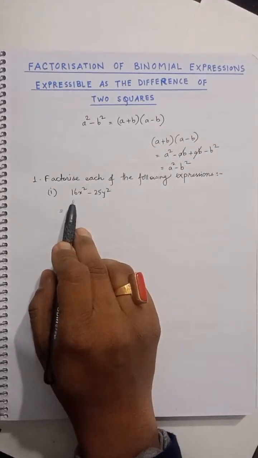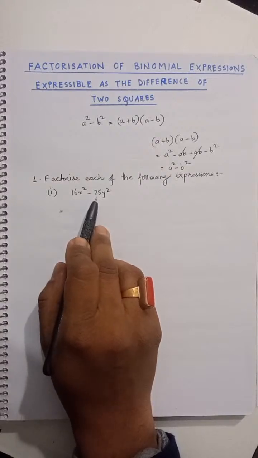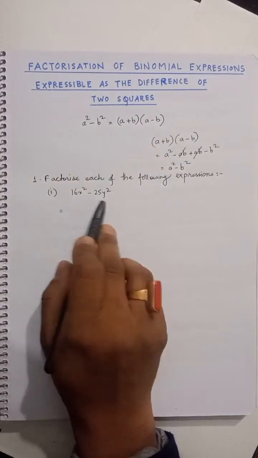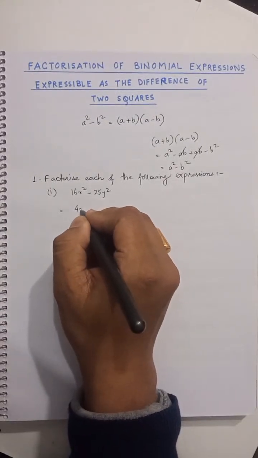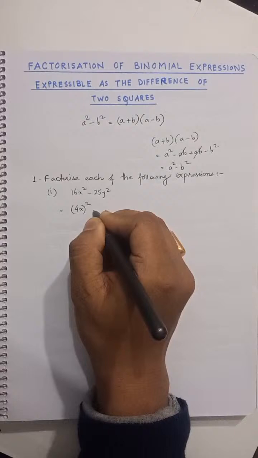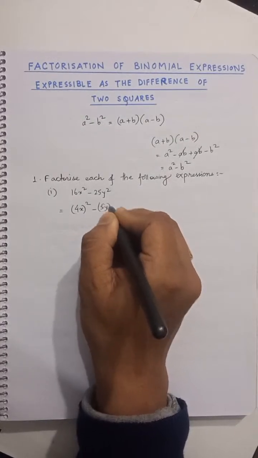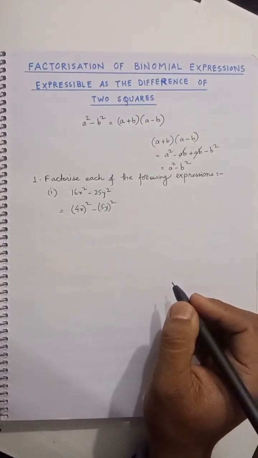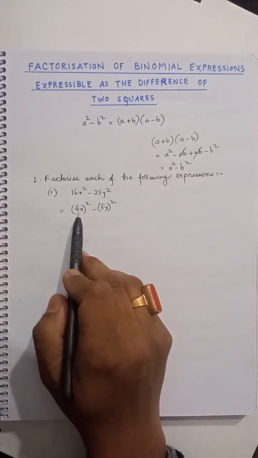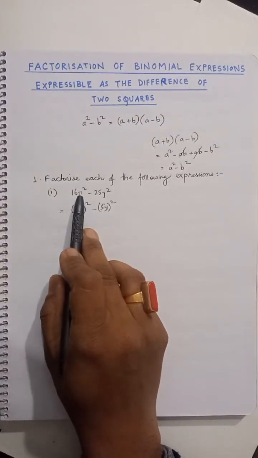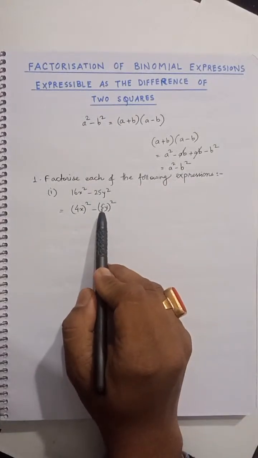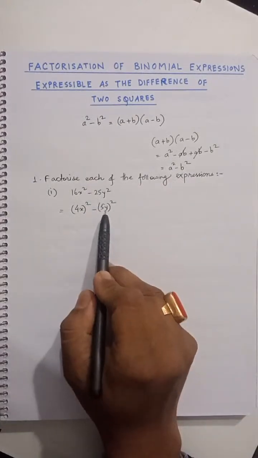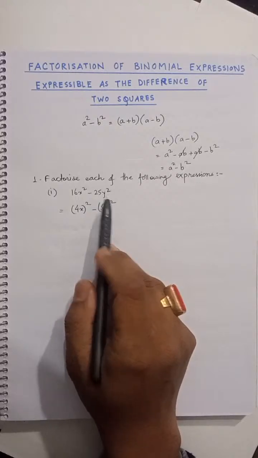So 16 is the square of 4, 25 is the square of 5. We will reduce this as 4x whole square minus 5y whole square. 4 square is 16, x whole square is x square. Similarly, 5 whole square is 25, y whole square is y square.